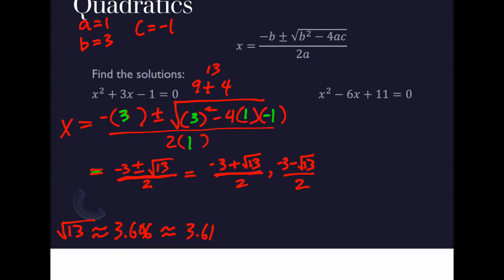Now, if you wanted to type this into your calculator, you can do that. Just make sure you put this top part in parentheses, because your calculator will want to do the division first unless you put parentheses around that top. In other words, it'll divide only the second number that you enter by 2 rather than both the negative 3 and the square root of 13.